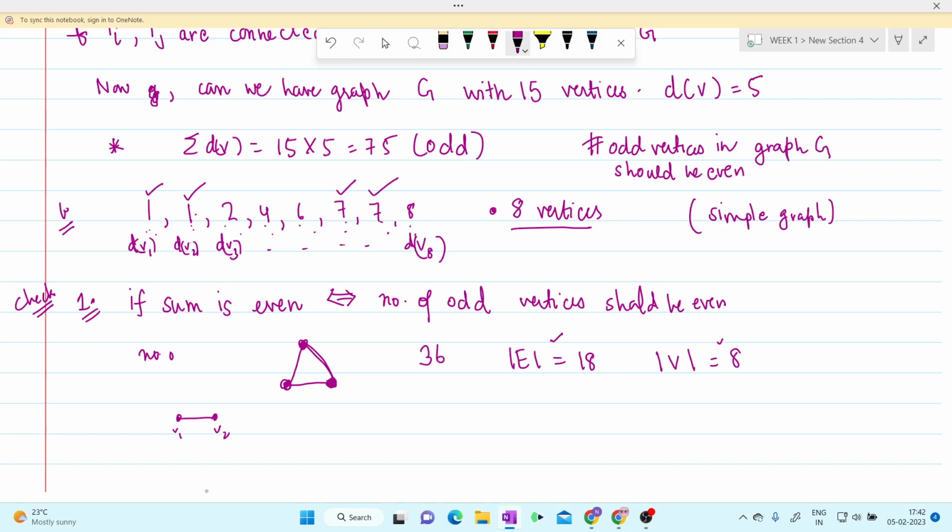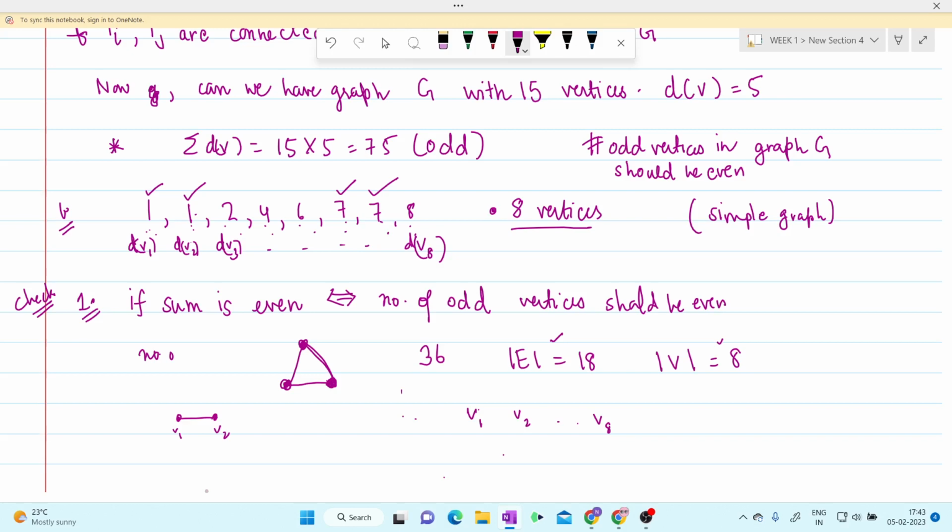Ma'am, there are two vertices with degree 7, and there are a total of 8 vertices. That means there are parallel edges between these two vertices. Okay, so you are saying that if we have v1, v2, v8, since two vertices have degree 7, there will be a parallel edge.